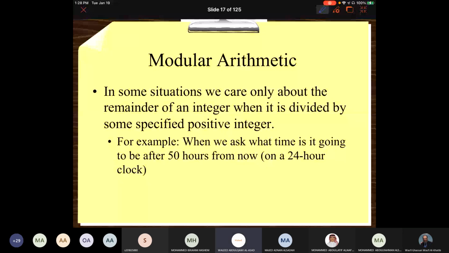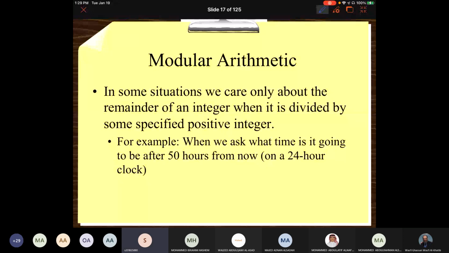It becomes 15. ليش 15؟ Because when you add 24, you will come back to the same place, صح؟ طيب, when you have two 24s, what is the remainder of 50 from the 24?